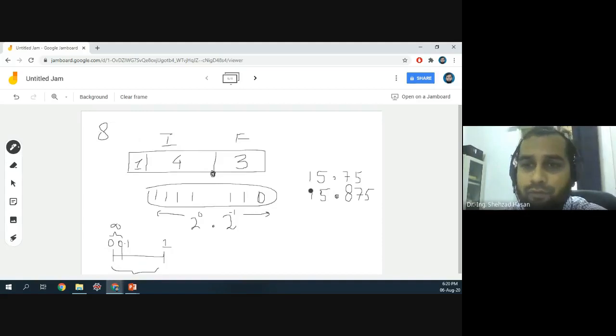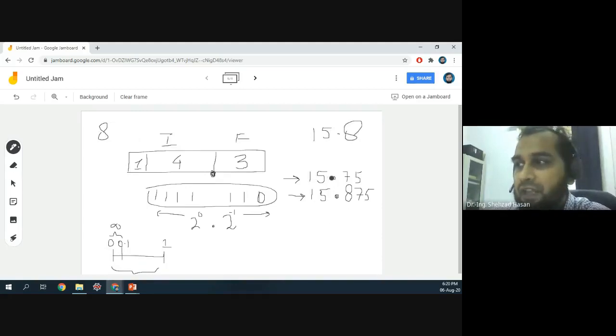So what to do? If you come across a number like 15.8 and you want to store it in this format, what should you do? You go with a number which is going to give you the least error. We go with a representation because these are two valid representations, and if you want to store 15.8, that cannot happen exactly. So we should go with a representation which is going to give us the least error.